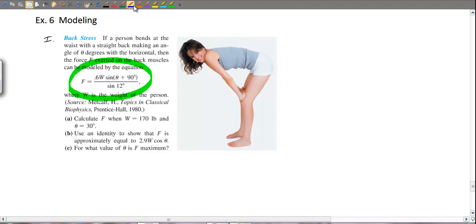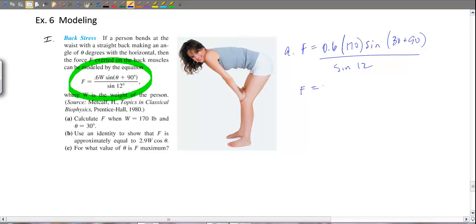We just replace the values, so F is equal to 0.6 times W, in this case 170, times the sine of 30 plus 90, divided by the sine of 12.